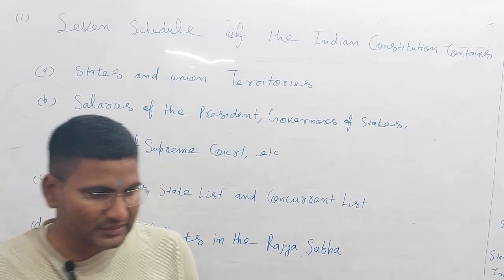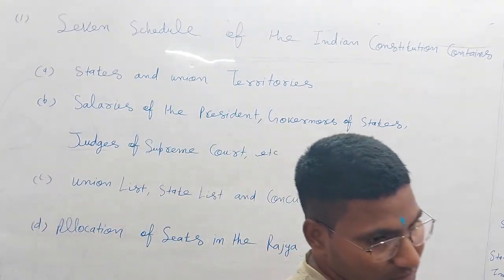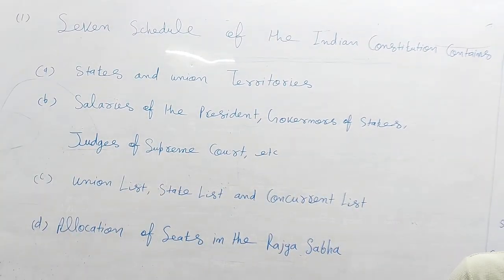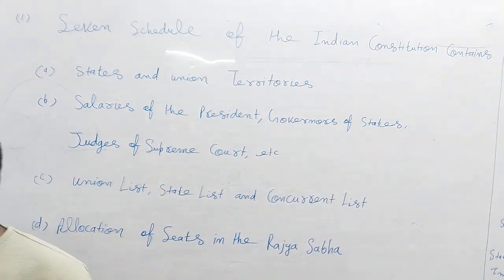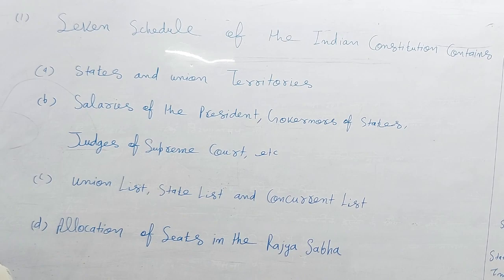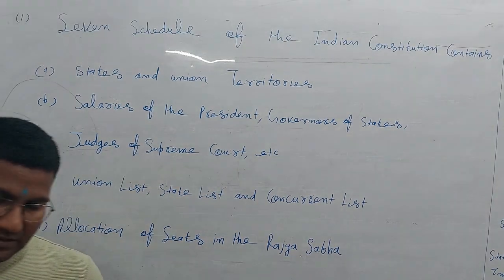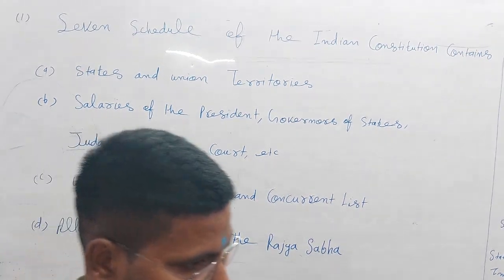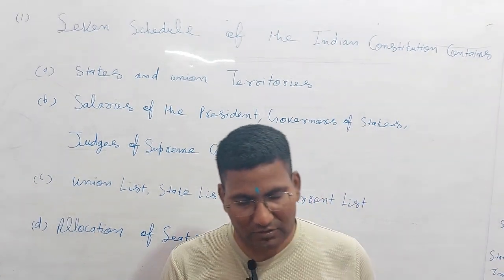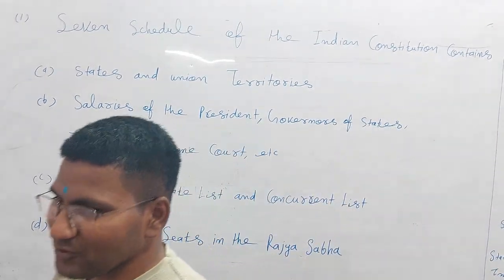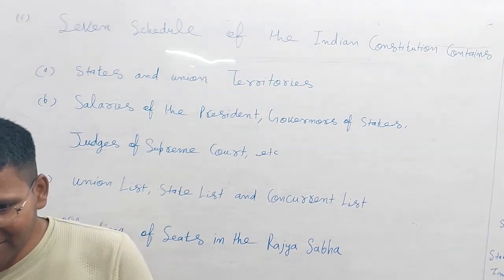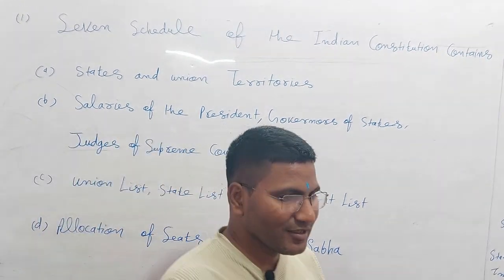Now I am going to discuss part three of the salient features of the Indian Constitution and amendments. Today people are celebrating Holi, and when the video is uploaded, Holi may be far away.